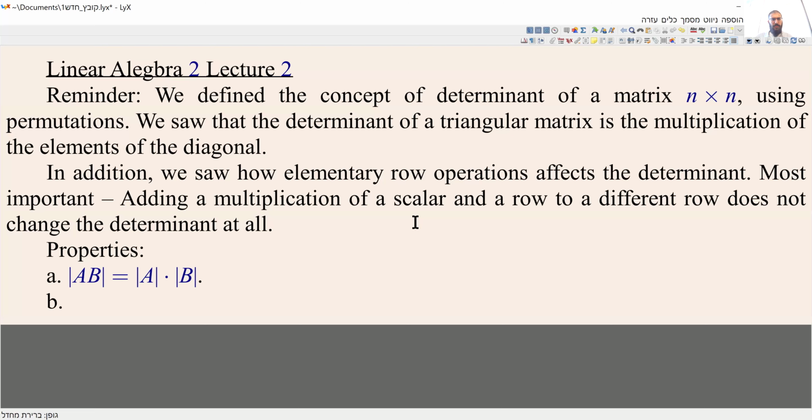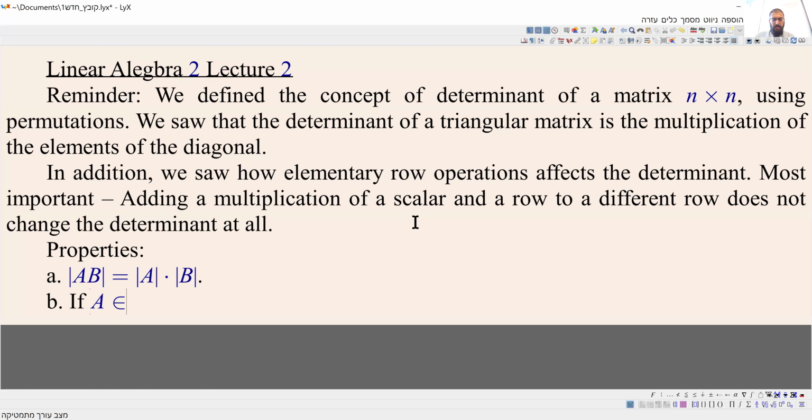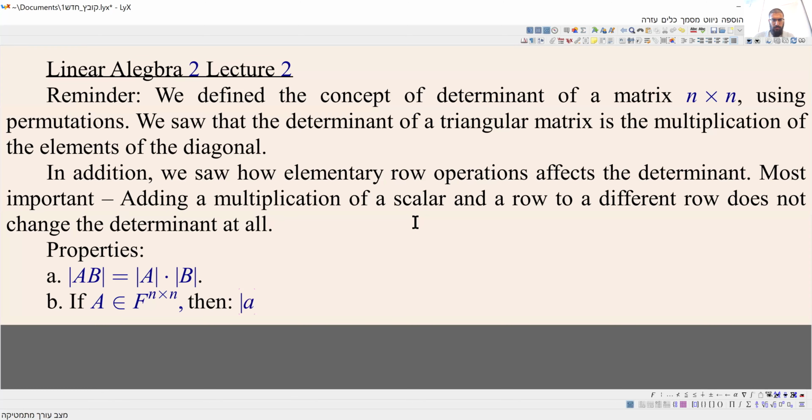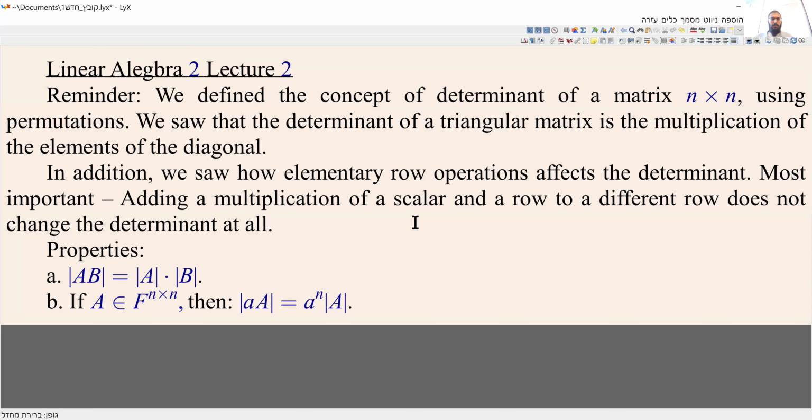What else did we think about the determinant? When we multiply the matrix with a scalar, the scalar goes out to the power of the order of the matrix, because we multiply every row with a.